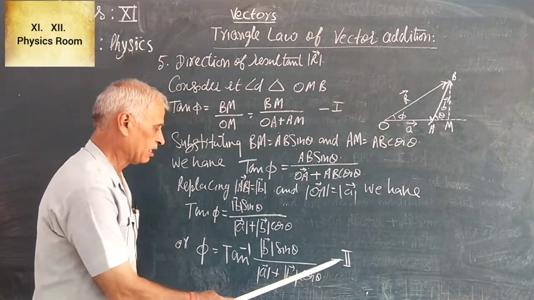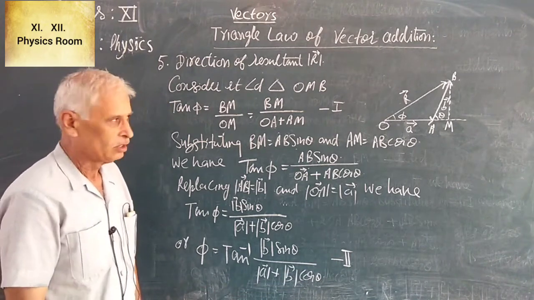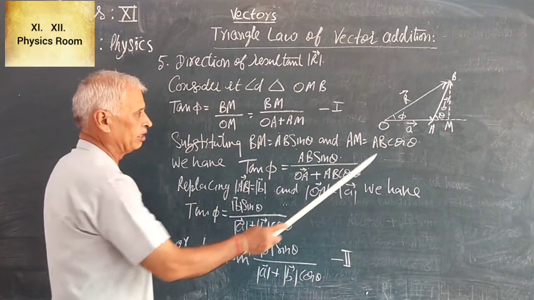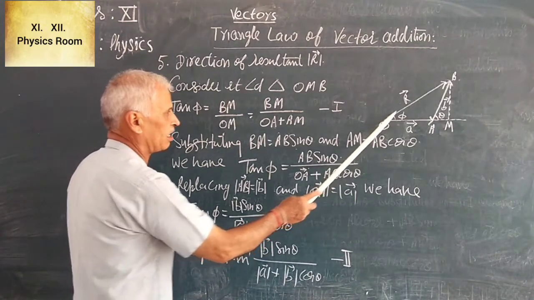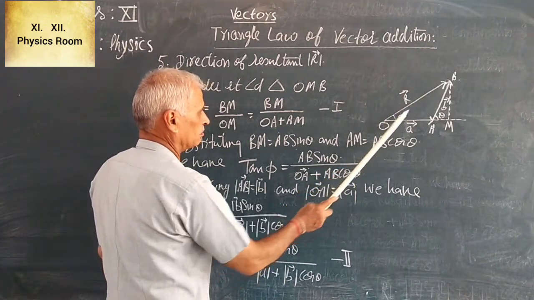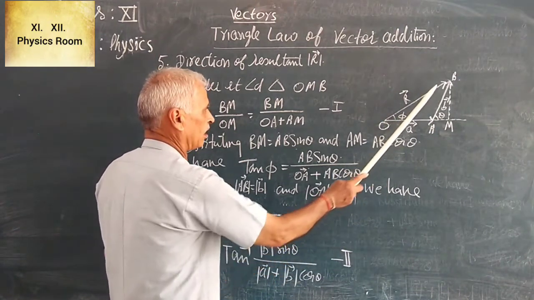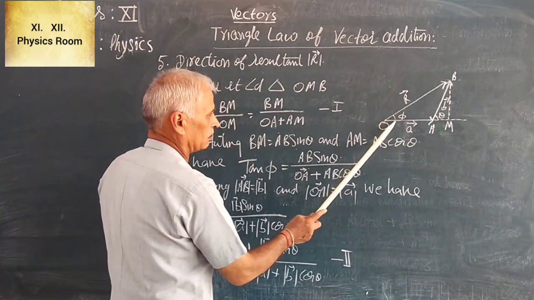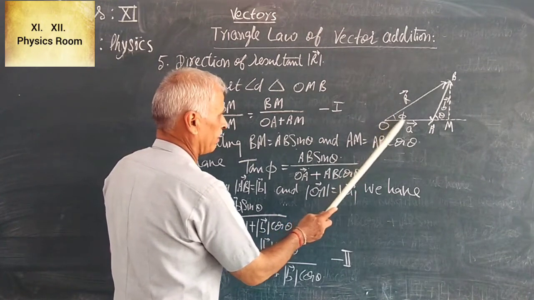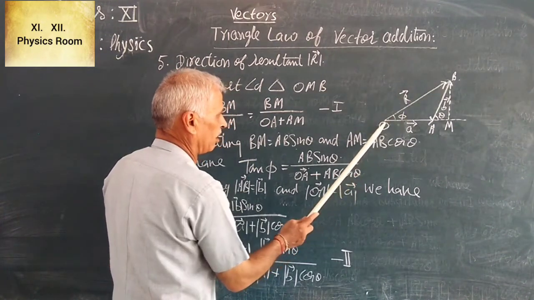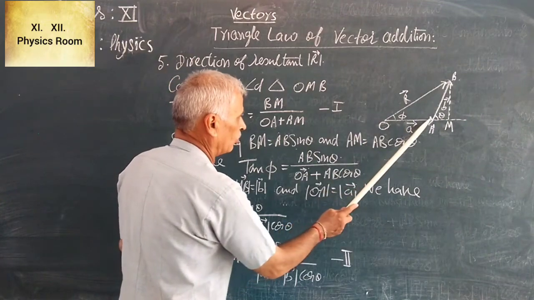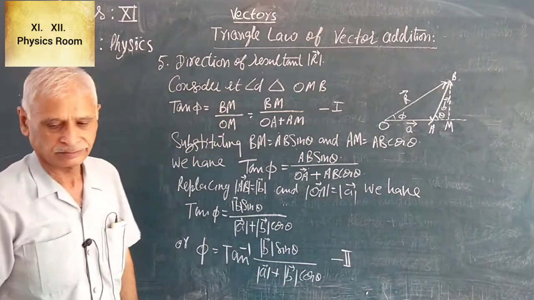Let us mark it as equation 2. Now this equation 2 gives the direction of resultant R. Phi is the angle of inclination of R with vector OA.